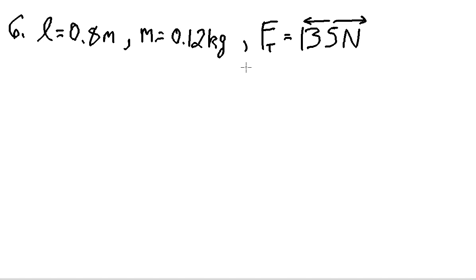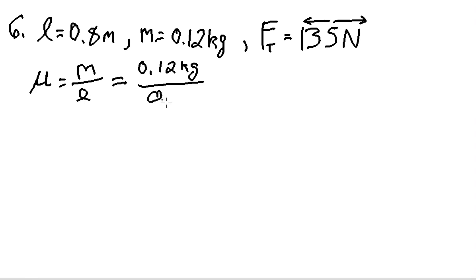All right, so what is the mass per unit length of this string? This is something I introduced last week. Mass per unit length, sometimes known as length density, is this funny Greek letter mu here, and it's the quotient of the mass divided by the length. So all we have to do is plug our mass in, 0.12 kilograms, and divide that by our length of 0.8 meters.